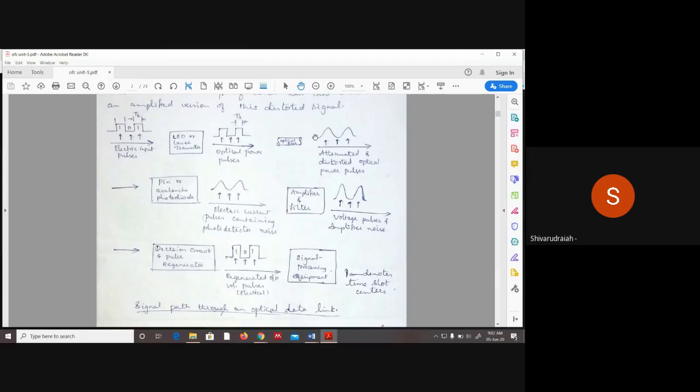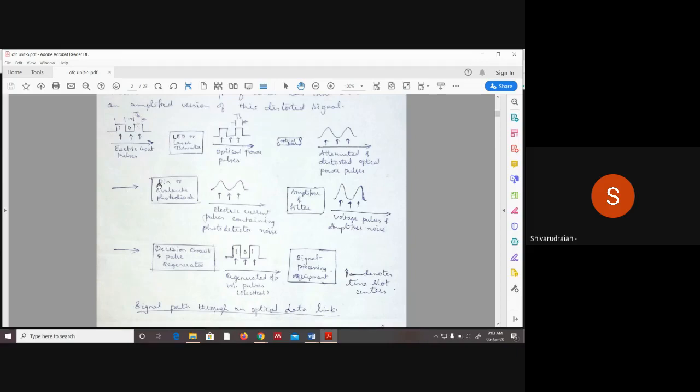And after propagating a certain distance inside the optical fiber, this will be the shape of the optical pulses. They get attenuated and distorted. Then those attenuated and distorted optical power pulses are applied onto the photodiode. We have two types of photodiodes: the PIN photodiode, or the avalanche photodiode.